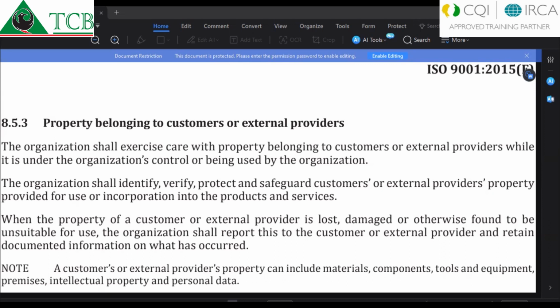A lot of companies are giving outsourced production, and they provide the recipe or formulation of mixing ratio of different components to make one product. So you need to control those intellectual properties belonging to the customer, or even personal data. Personal data is very important.